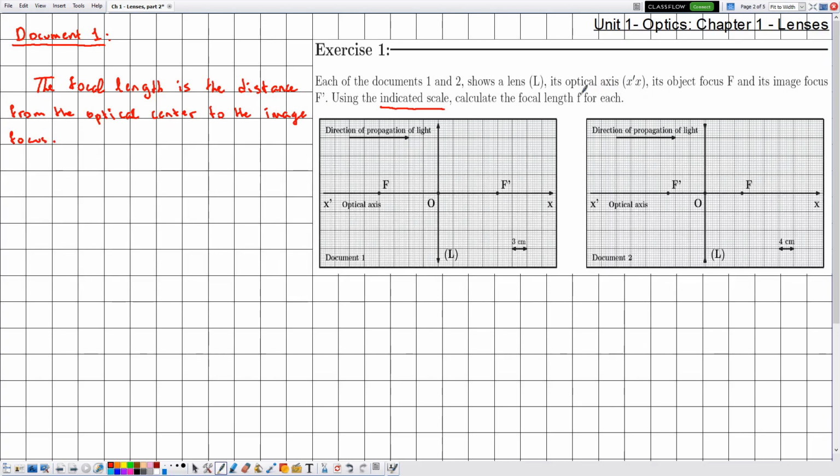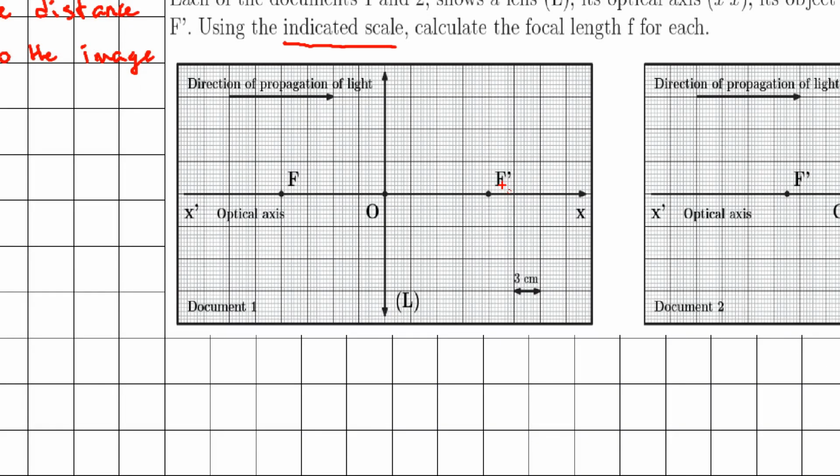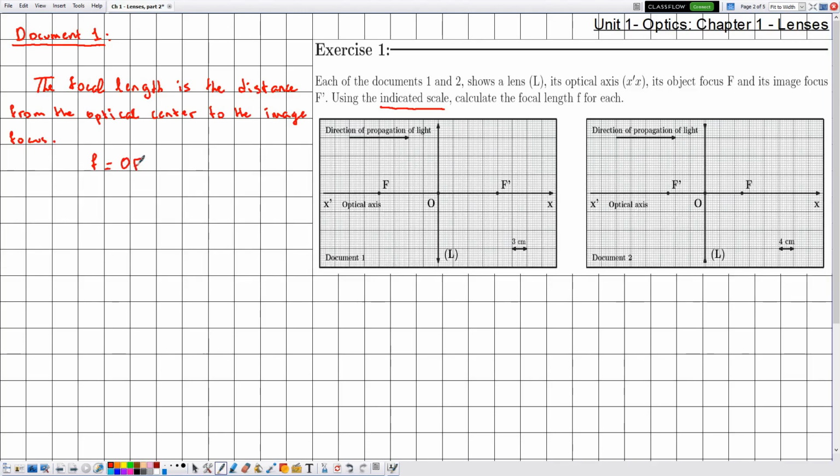Now the focal length is denoted by small f, which is the distance from the optical center, in this case the point O, to the image focus, which is the point F'. And we don't forget the bar because this distance may be positive or negative.